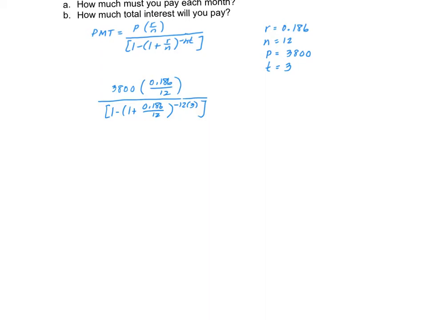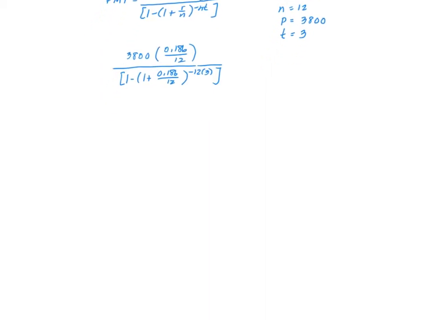Now when I put that in my calculator, and I'm going to go ahead and not round it to the nearest cent. I'm going to round to the nearest dollar amount when I'm figuring out my payments. So this is going to be $139. So if I pay $139 each month, within 3 years, that balance is going to be paid off. That would be my part A.